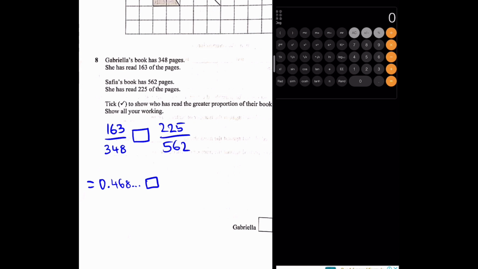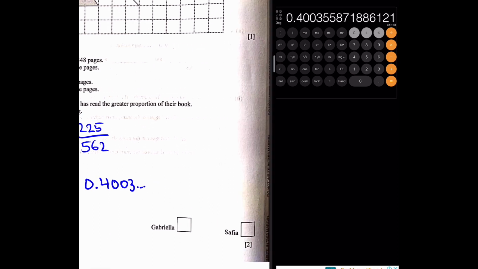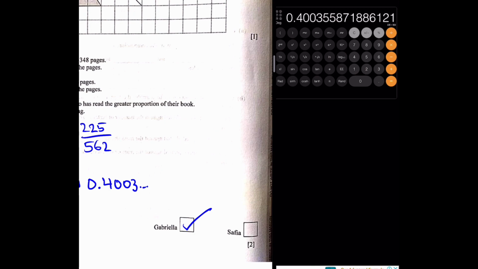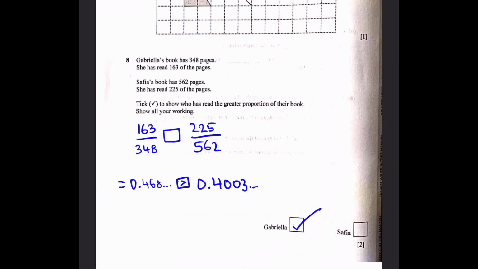Let's see. 225 divided by 562 is 0.4003... Obviously 0.468 dot dot dot is greater, so that means this proportion is greater than this. And that's the answer. Who has read it? Gabriella. So we've got that ticked, and that's the answer.